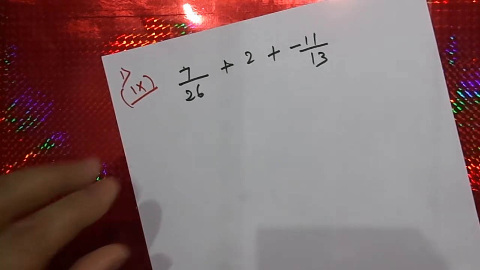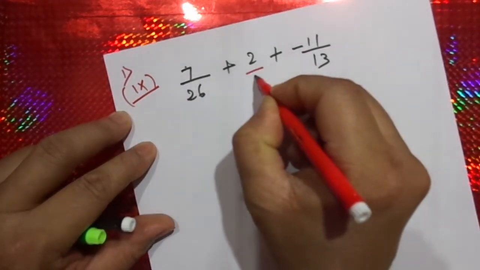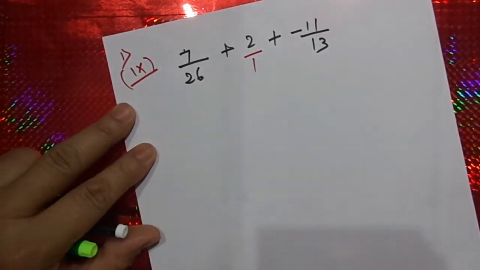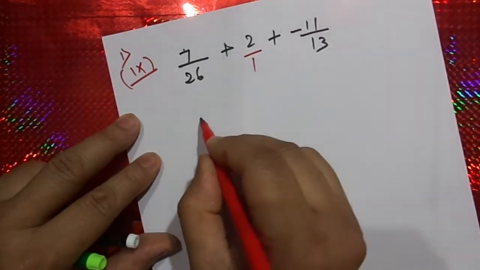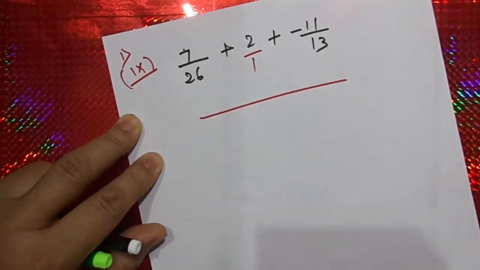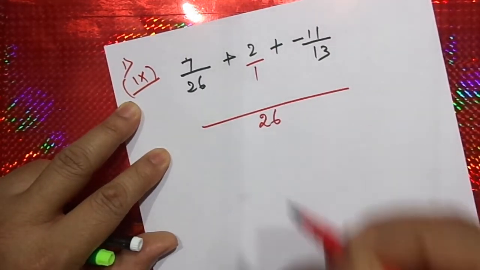Some of you might get confused, but there's nothing to get confused about. You can take 1 as the denominator. So the LCM of 26 and 13, when you find it, you will get 26.